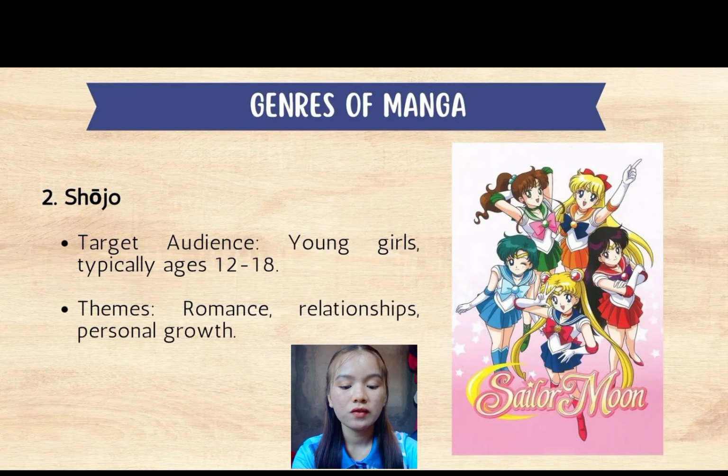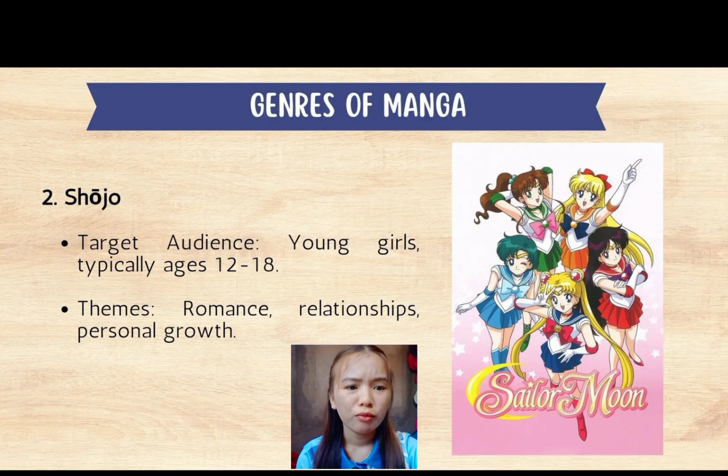So next is shoujo. Shoujo's target audience is young girls, typically ages 12 to 18. The themes are romance, relationship, personal growth, and it often focuses on emotional development and friendship.